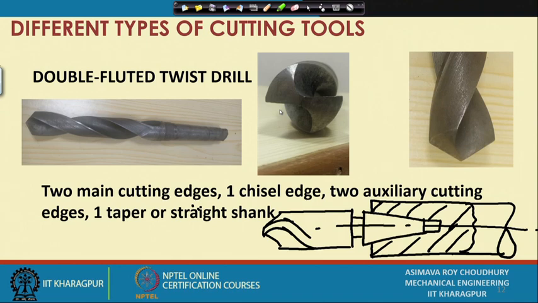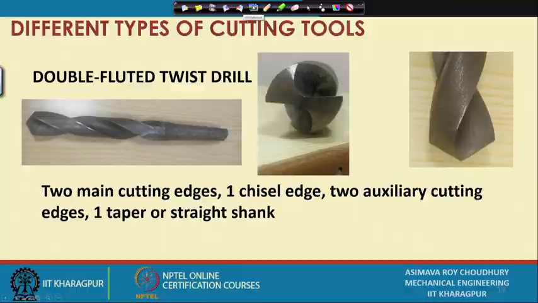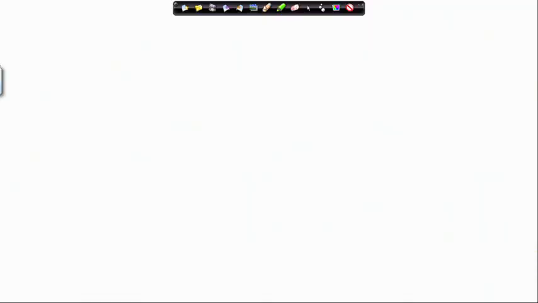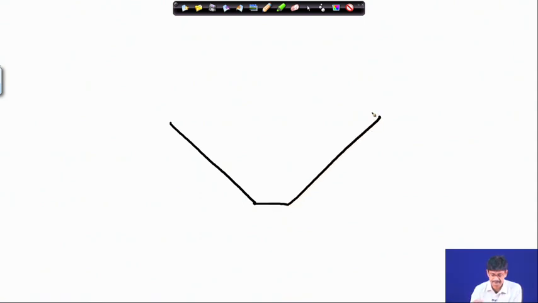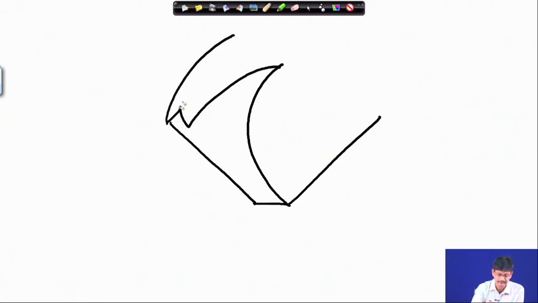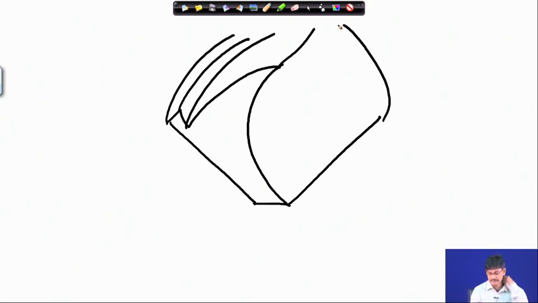Now, if we compare this with a single point turning tool, how would it look? First of all, if we draw the drill, this is one cutting lip, this is another cutting lip, and this edge at the top is called the chisel edge.